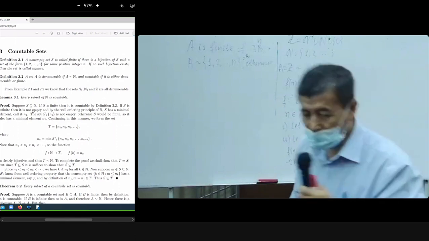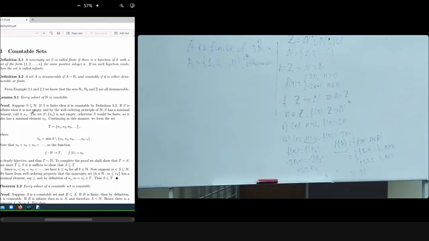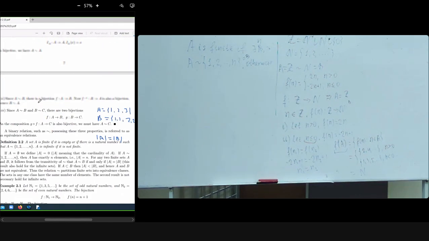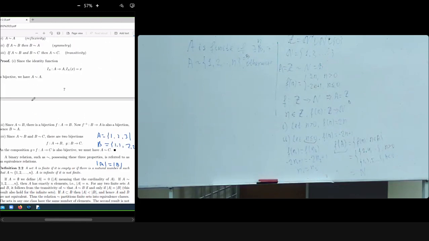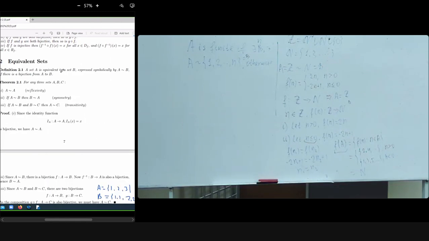Previously, what we had was equivalence. For equivalence, we need to find a bijection function. If we are able to find a bijection function, then two sets are equivalent.